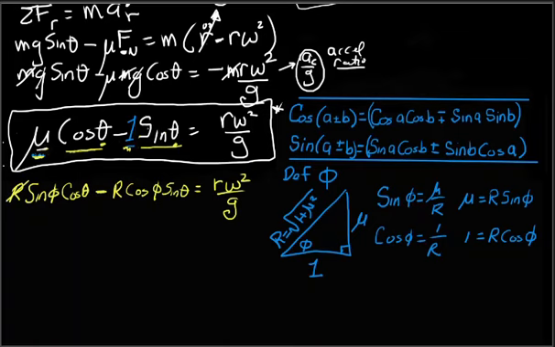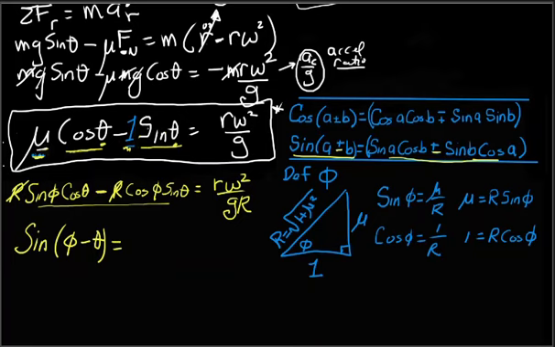And we can factor out the R and divide that over to here. And if you look, we've got that term right here. So for a negative, we'll keep the negative, and we can write this as a single function, sine of phi minus theta is equal to r omega squared over g R.